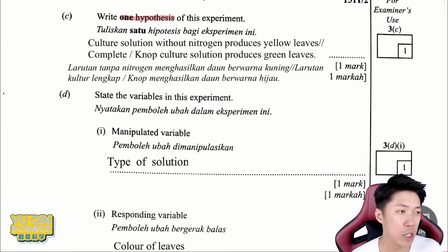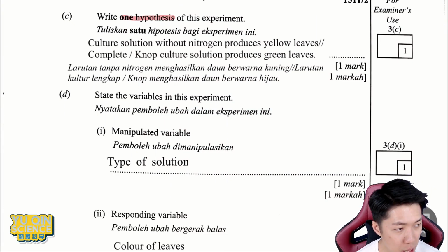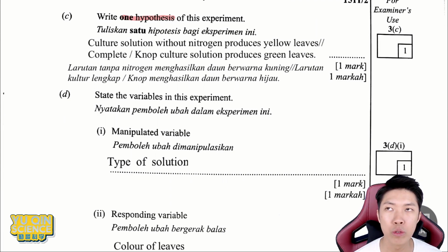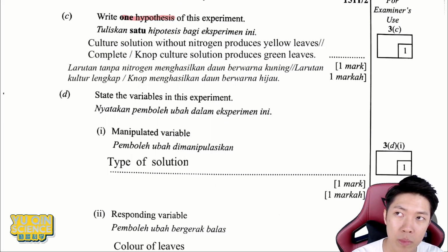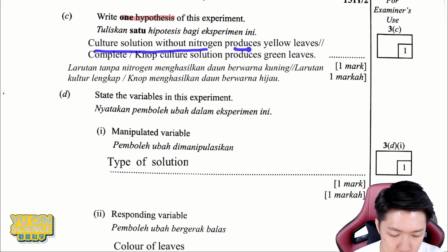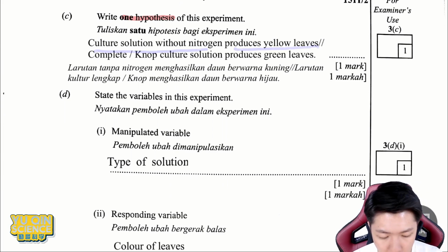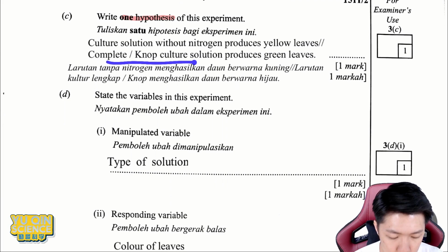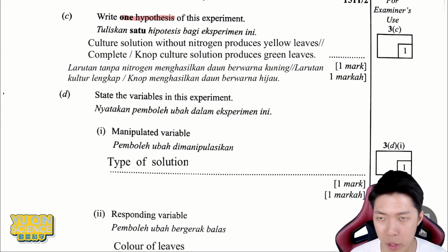Okay, this one you can choose to use if-then, or you can choose to use compare, because this is just two of them, the complete one and the without nitrogen one. So culture solution without nitrogen produces yellow leaves, while the complete culture solution produces green leaf. You want to choose either one, also can.